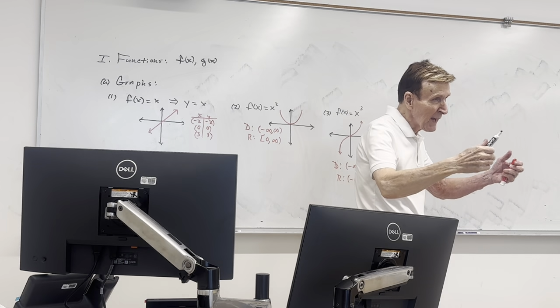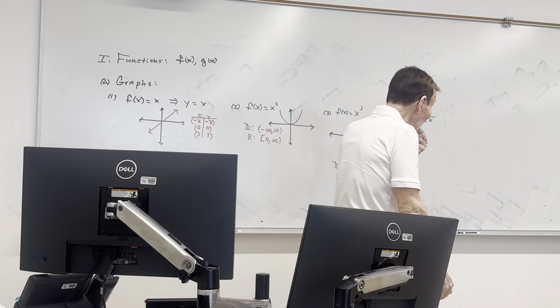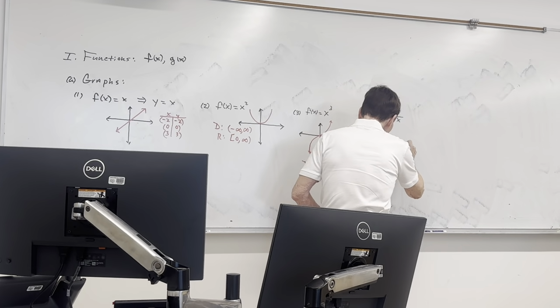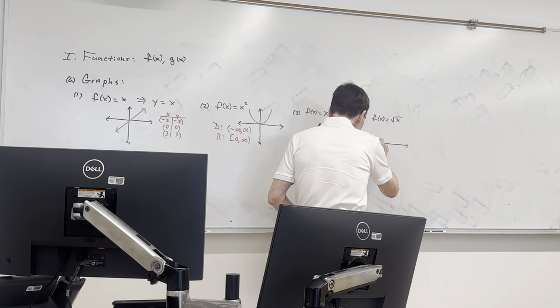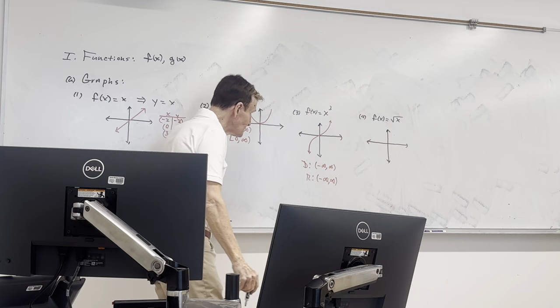That's another one of the basic functions we're responsible for. Square root of x, I like to get a quick shape of it. Let me see if anyone in class recognizes what its shape looks like.